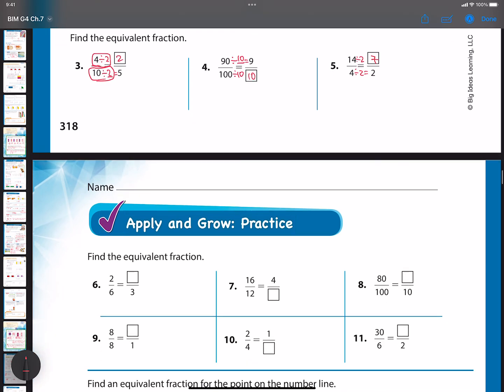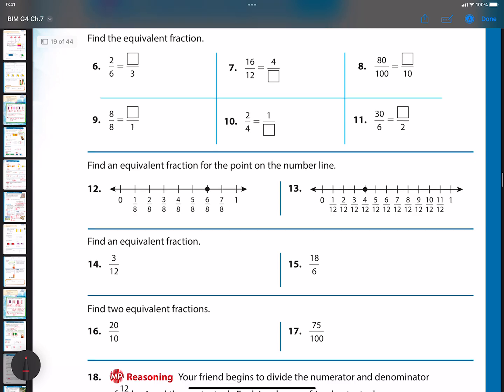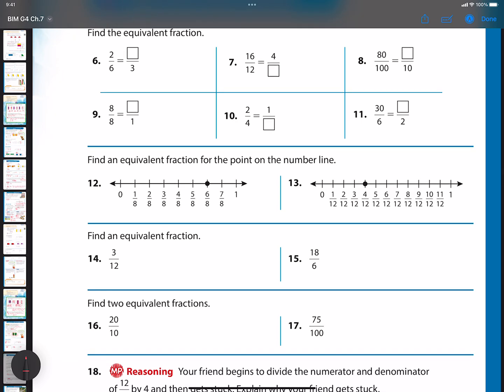I want you to pause your video and do your own work. Figure it out, and if you want to see if you are correct or wrong, please watch this video again. All right. So 6 divided by 2 is 3. That means 1.